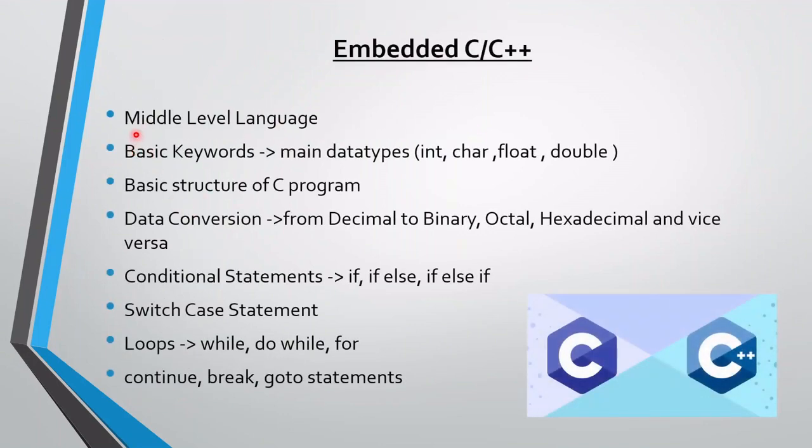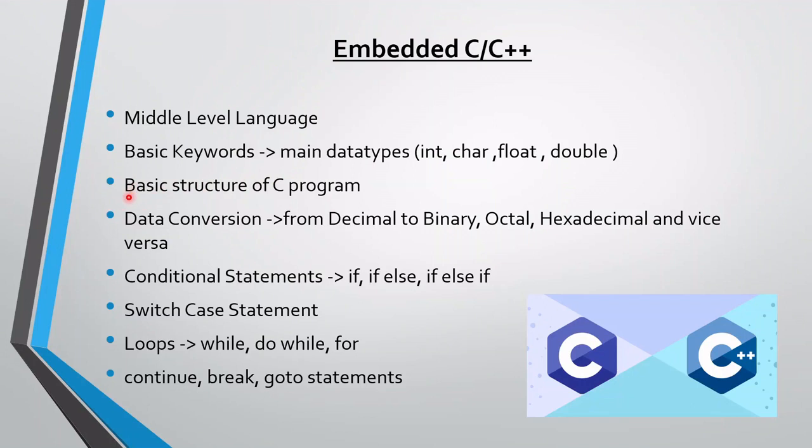As we all know, C is a middle level language. That is, it can be used both as a high level language and also as a low level language. We learned about basic keywords such as int, which takes about 4 bytes, char, which takes about 1 byte, float, which takes about 4 bytes of memory, and double, which takes 8 bytes of memory.